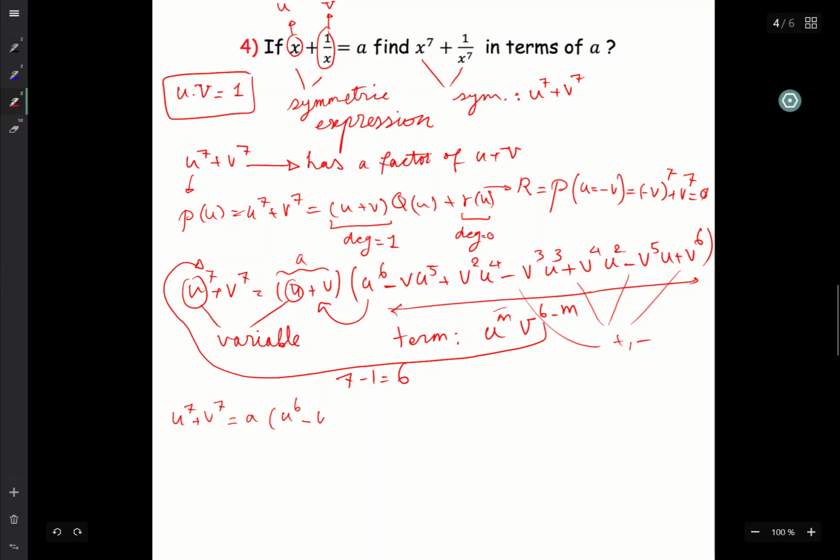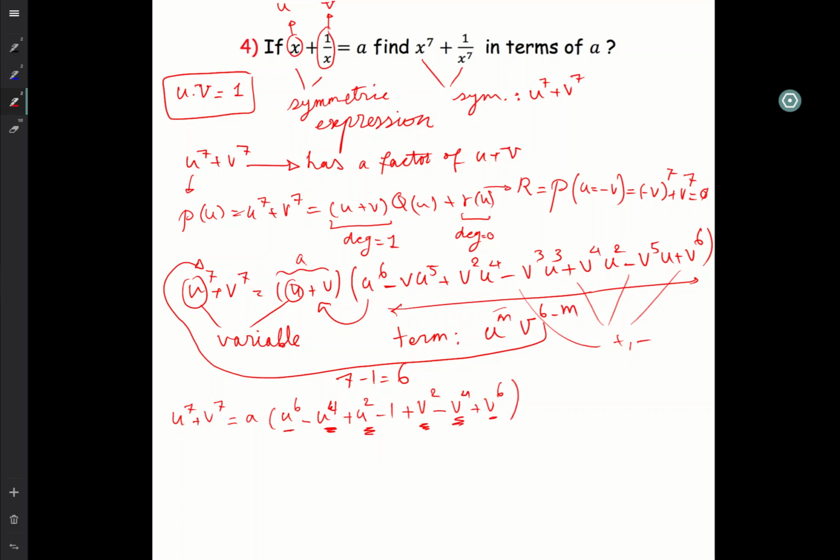Therefore we end up with u to the 4. v squared u to the 4 becomes u squared minus 1 plus basically v squared minus v to the 4 plus v to the 6. So we end up with u to the 6 plus v to the 6, u to the 4 plus v to the 4, and u squared plus v squared, right?